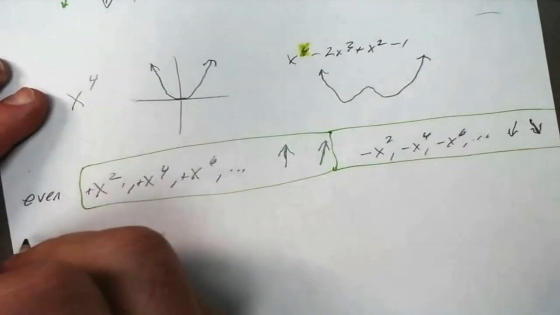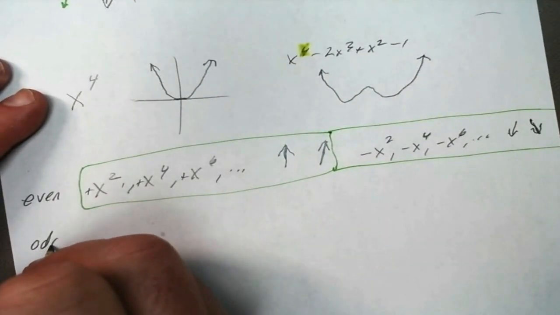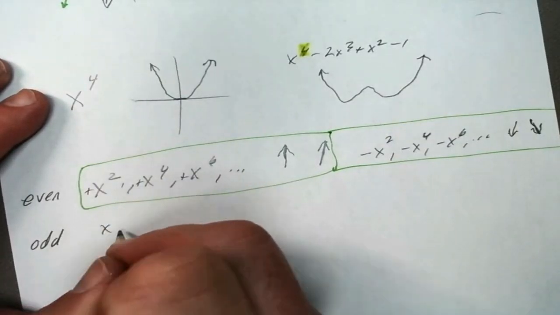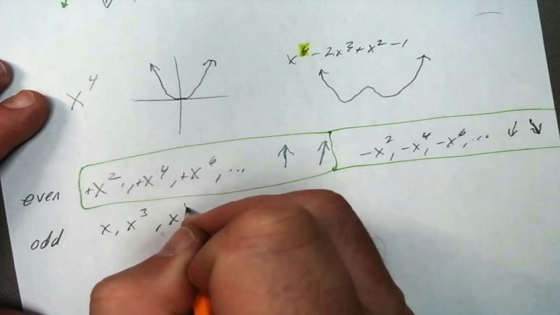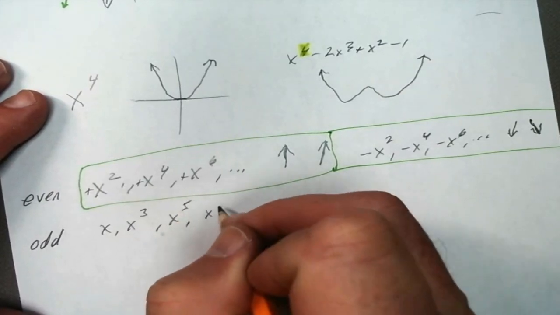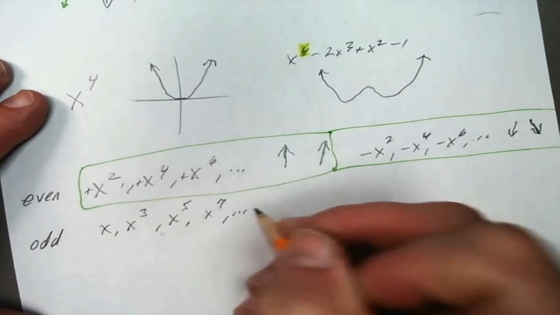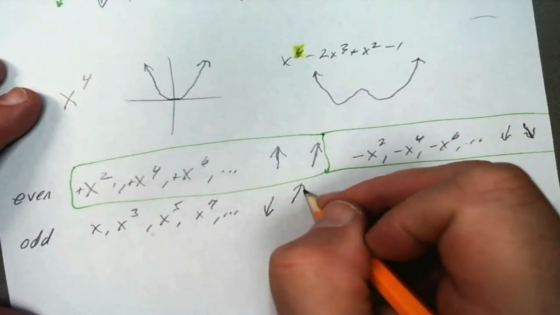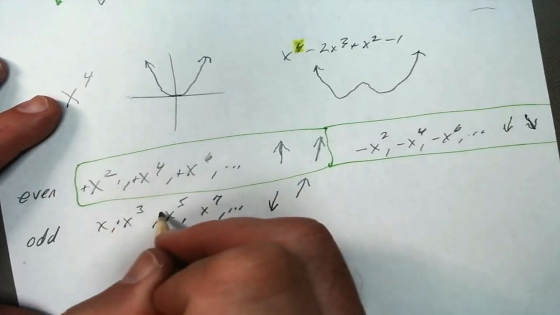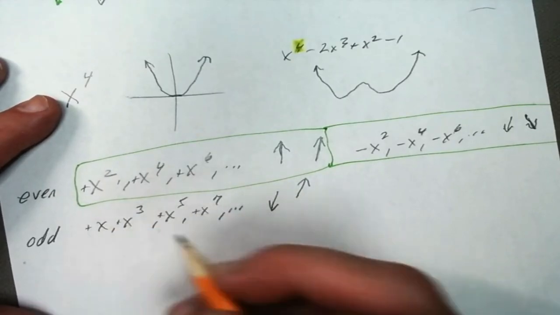If it is odd, which means it's an x or an x to the 3rd or an x to the 5th or an x to the 7th, et cetera, it's going to go down on the left and up on the right, assuming these are all positive coefficients.